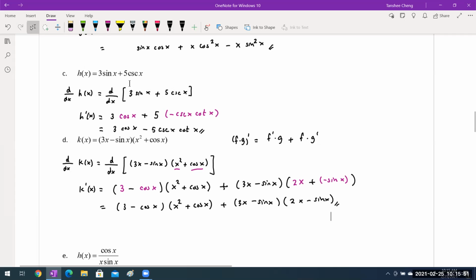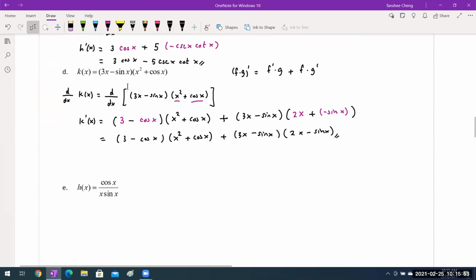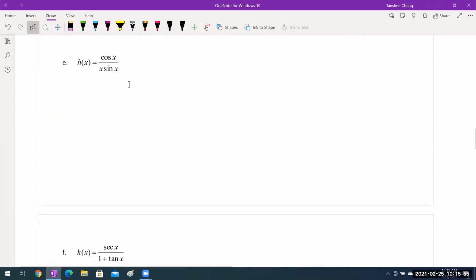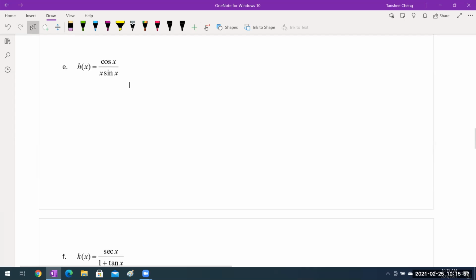Now, going to example E. Notice that in this problem, h of x is equal to cosine x over x times sine x. So we have a quotient rule, and then inside the quotient rule, I have to use a product rule.